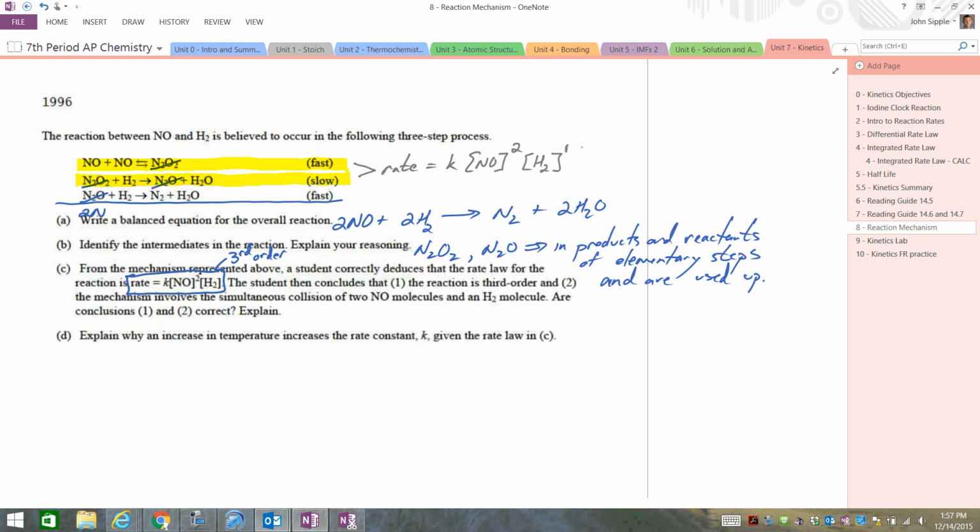elementary steps. Okay, now this next thing they tell us is that the reaction mechanism involves simultaneous collision of 2NO and H2 molecules. Simultaneous, what does that mean? Same time. Are 2NO molecules and an H2 molecule coming together at the same time?